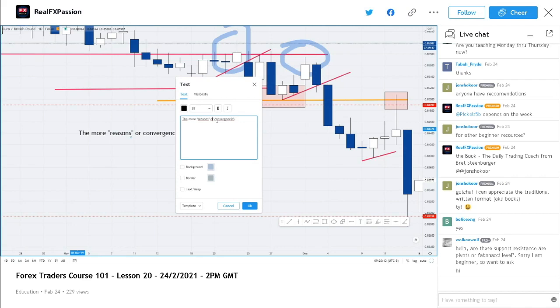What are convergences? Convergences are technical reasons.